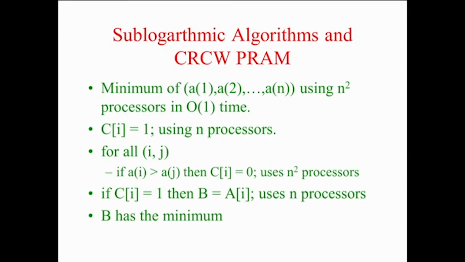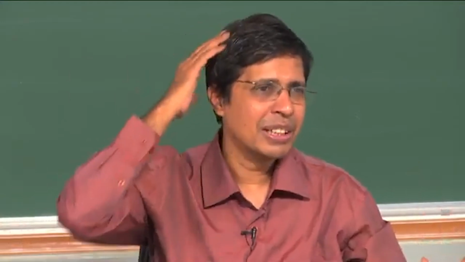Now note that except for the minimum element, every element would be set to 0. I can have more than one minimum element also, right? Because if Ai is greater than Aj, I consider all the pairs i, j except i not equal to j, of course. If Ai is greater than Aj, then I make Ci equal to 0.